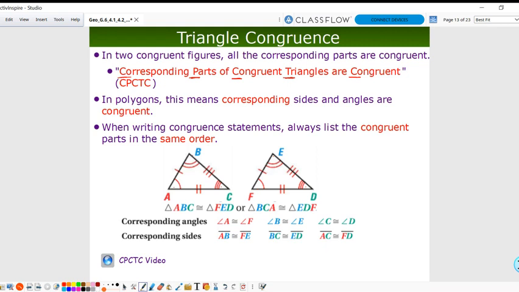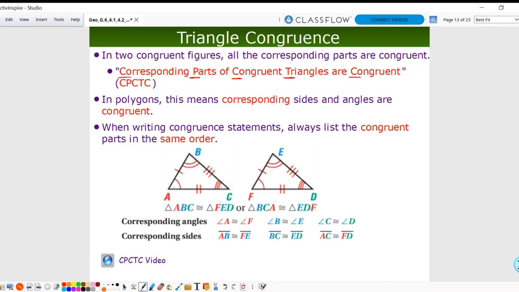Also, I can represent corresponding sides, which are going to be congruent as well. We can say that AB is congruent to FE, BC is congruent to ED, AC is congruent to FD.